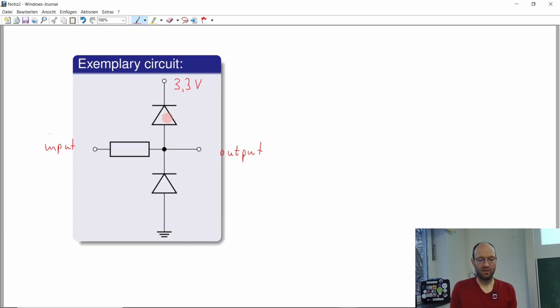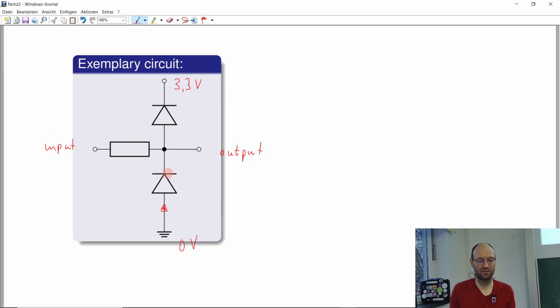And now we have these two diodes. And how would a diode in this direction work? With a negative signal? Yeah, with a negative signal, exactly. So a diode like this can only conduct a current in this direction.